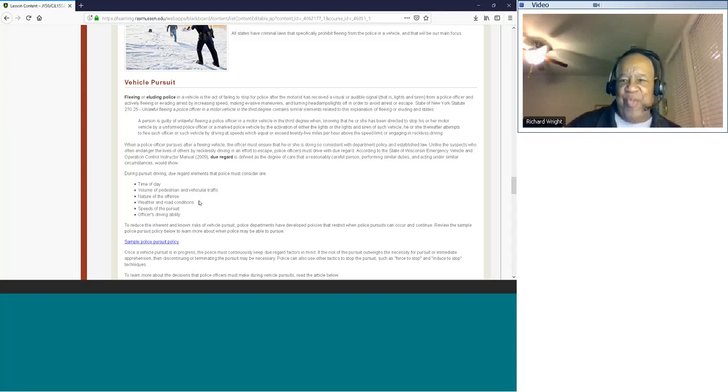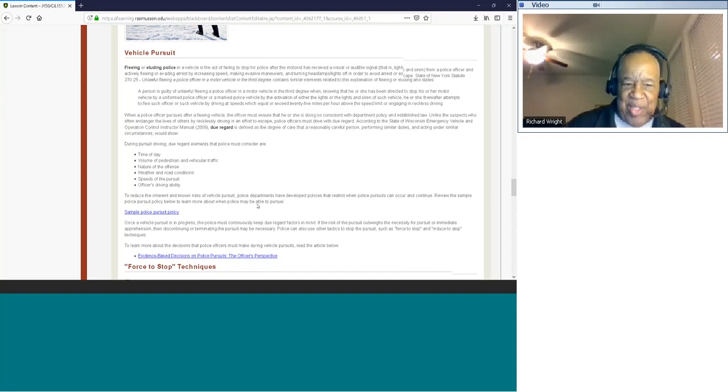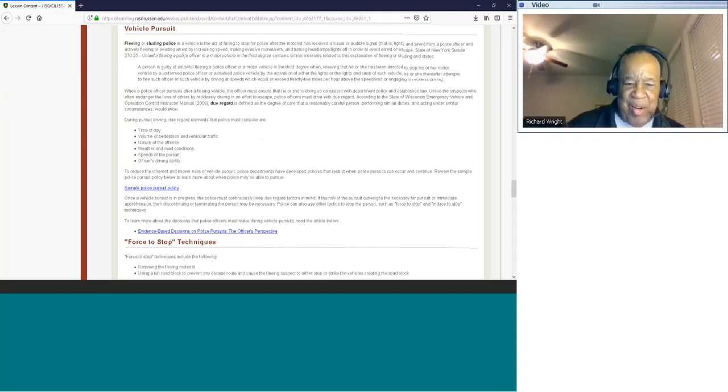The more serious the offense, the more likely there would be a vehicle pursuit. Other factors are the weather conditions, the speeds being used, not by the individuals in the way but by the law enforcement officers, and the officers' driving ability. So all of these are involved.